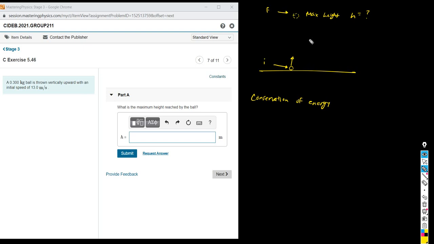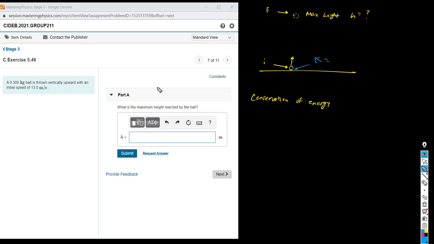And the key question guys is this: what's the total energy that the ball has at this point I? Let me put that in blue. The total energy that the ball has at this point is just kinetic energy. Why only kinetic energy?